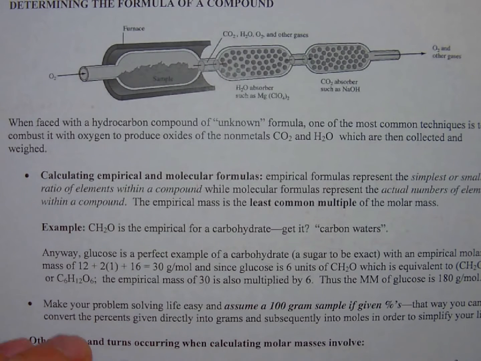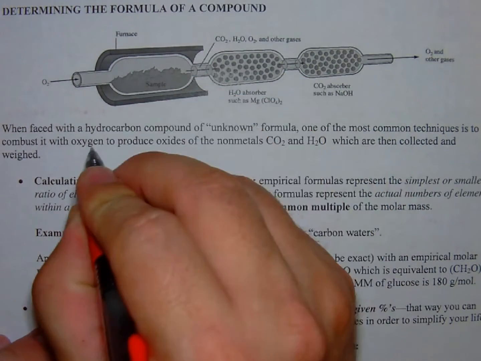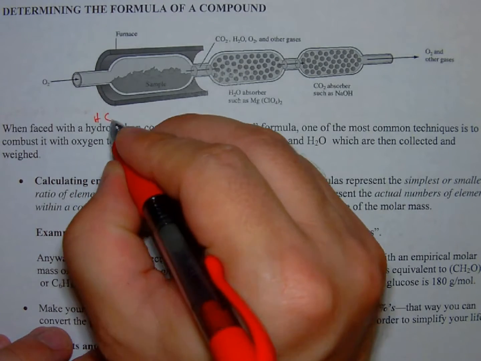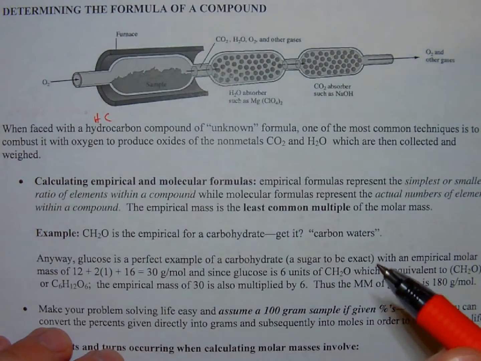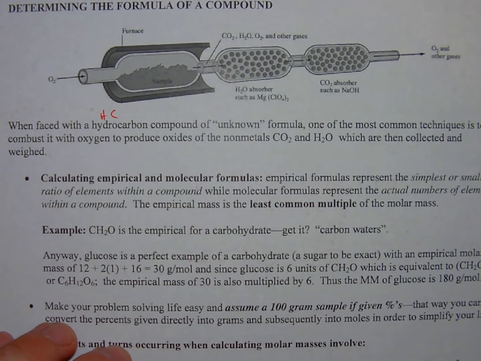When faced with a hydrocarbon, so that's going to be hydrogen and carbon in some combination. When faced with a hydrocarbon compound of unknown formula, one of the most common techniques is to combust it, rapid oxidation, with oxygen to produce oxides of the nonmetals CO2 and H2O, which are then collected and weighed.